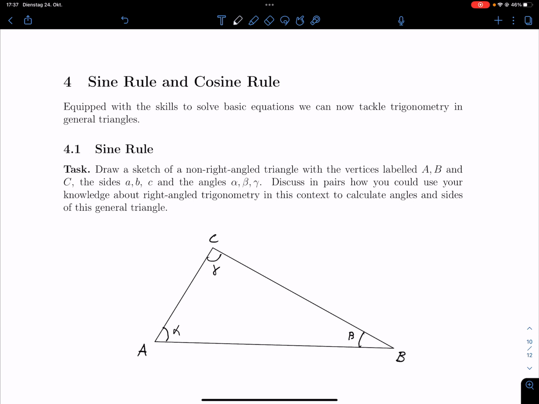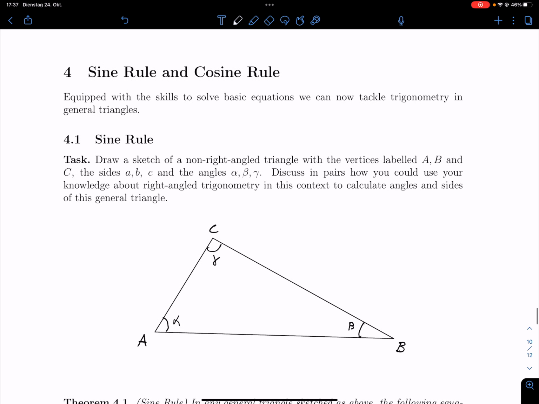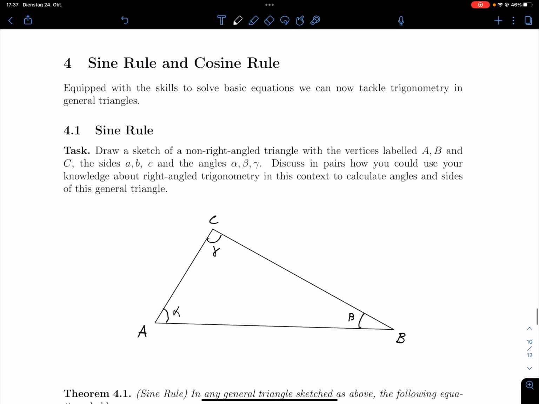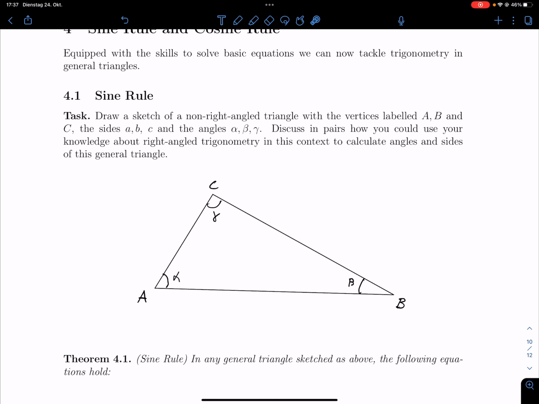All right, then we used all of that to set up the sine rule and cosine rule. And the cool thing about that is this now works for an arbitrary triangle, not only for right-angled triangles. So here it maybe looks a little bit like a right angle, but it shouldn't. None of those three angles are 90 degrees. And then we proved the sine rule.